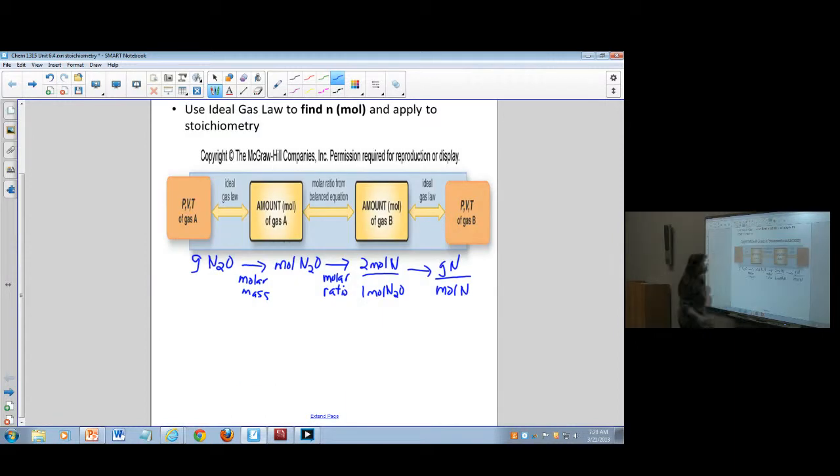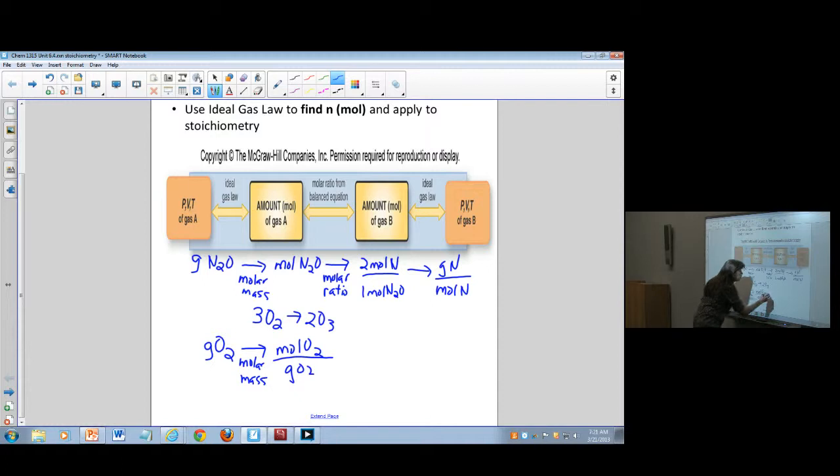We also did this for a balanced chemical reaction where, for example, we'll actually be doing this problem in a little while, let's say we've got oxygen converting to ozone. In that case we would usually start with grams of O2, then convert that to moles of O2 using the molar mass. Then, remember, you've always got to get to the mole of the chemical.